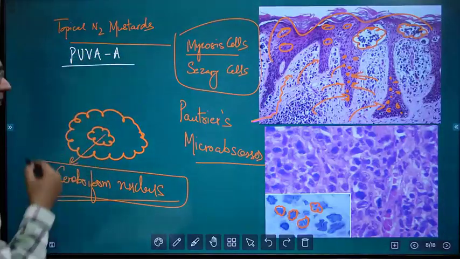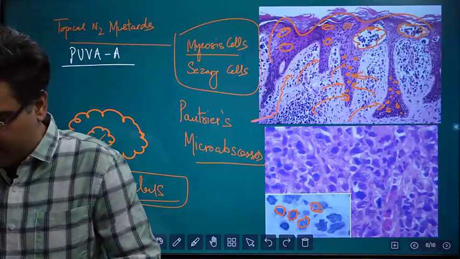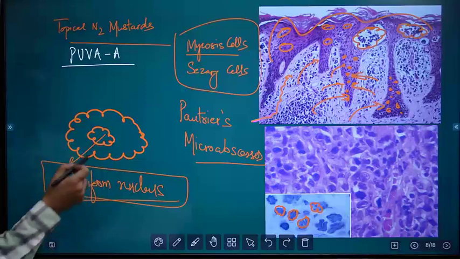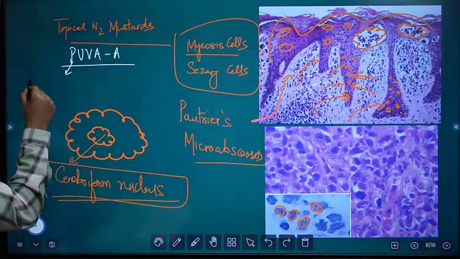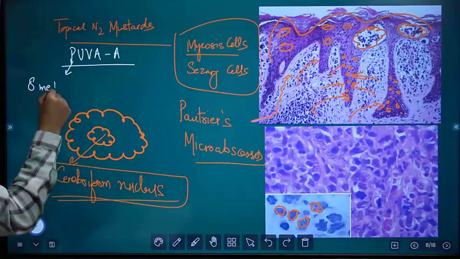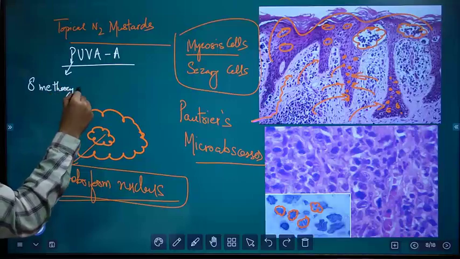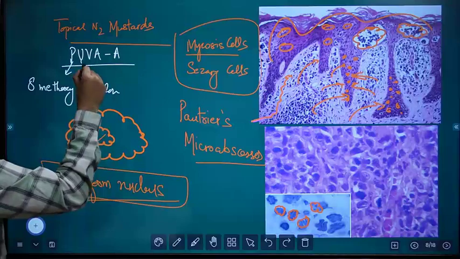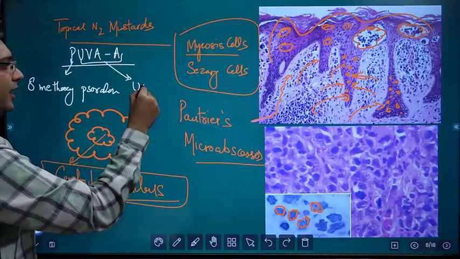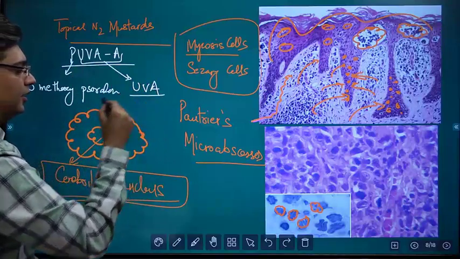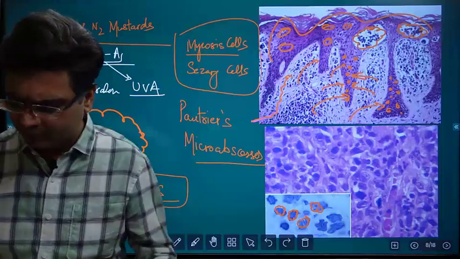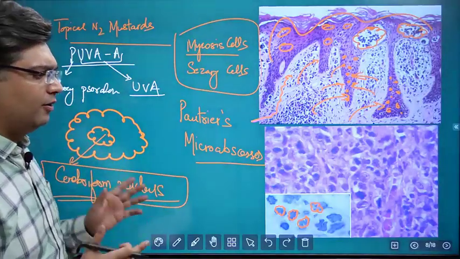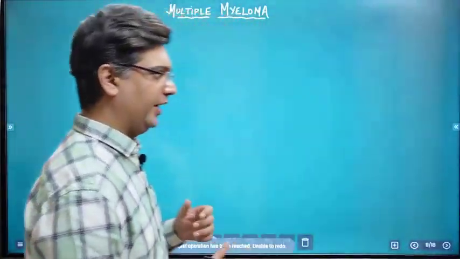Okay, what is this PUVA? P basically stands for 8-methoxypsoralen, and you have UVA, the ultraviolet A. Okay, this basically is the treatment here of mycosis fungoides.